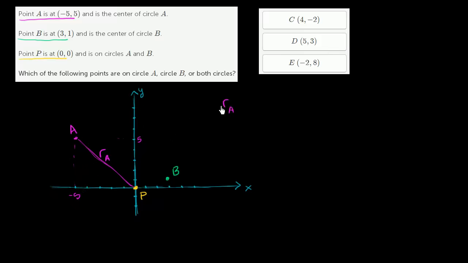So the radius, or the distance between those 2 points squared, is going to be equal to our change in x values between A and P. So our change in x values, we could write it as negative 5 minus 0 squared.